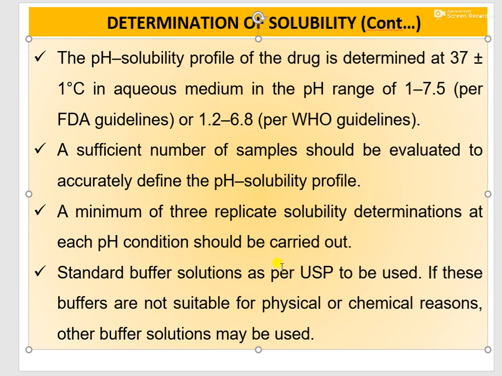Standard buffers which are mentioned in USP should be used, but if these buffers are not suitable due to some physical or chemical reasons, other buffers can also be used.